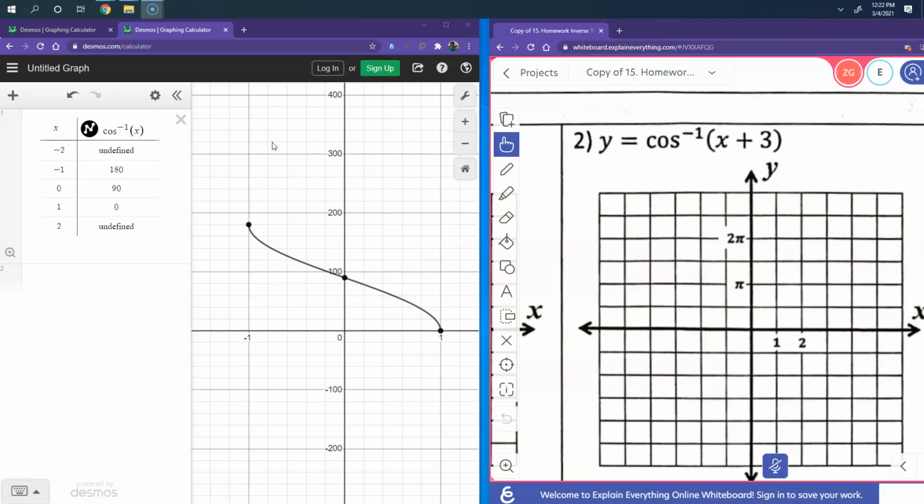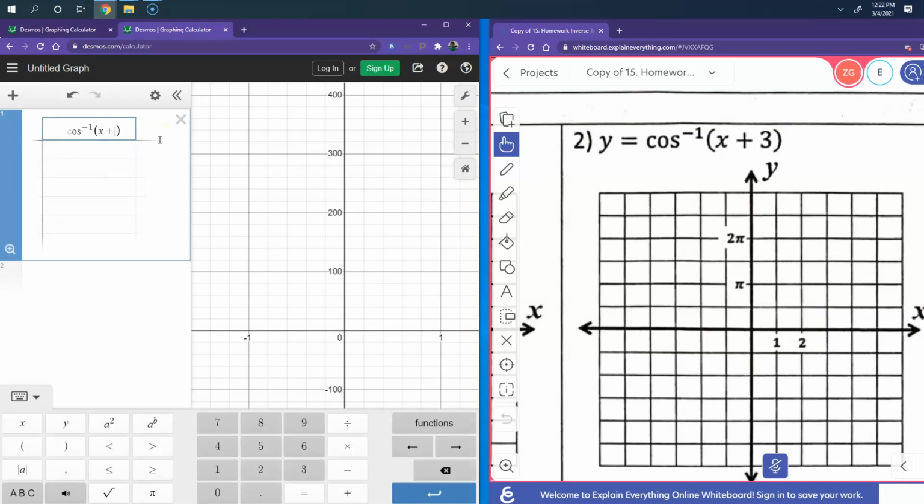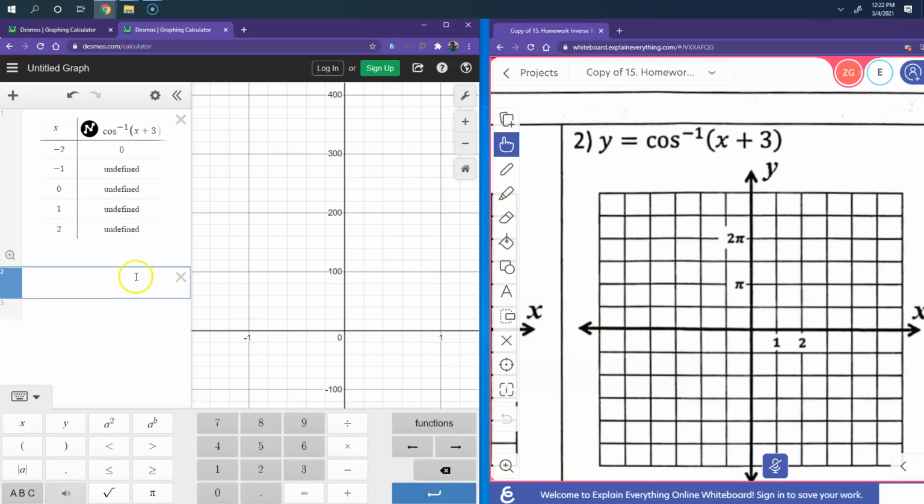For number 2, I used the same parent function, inverse cosine of x. What I'm going to do now is add 3 to both sides, and you notice that we have it undefined.